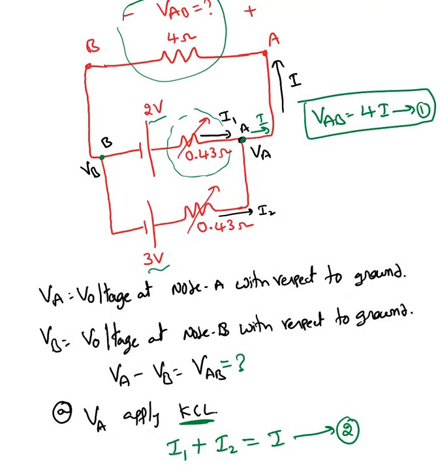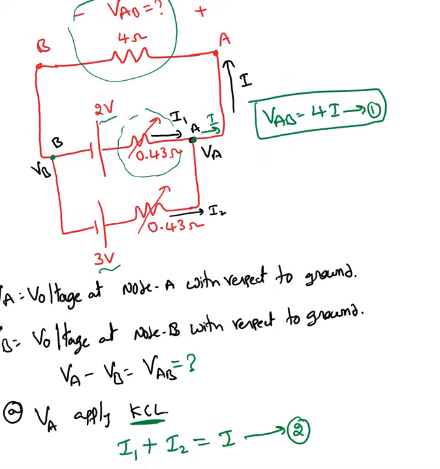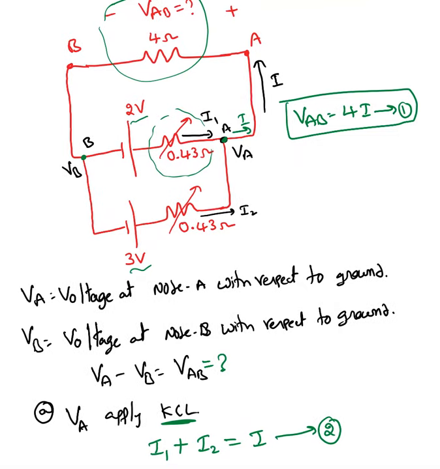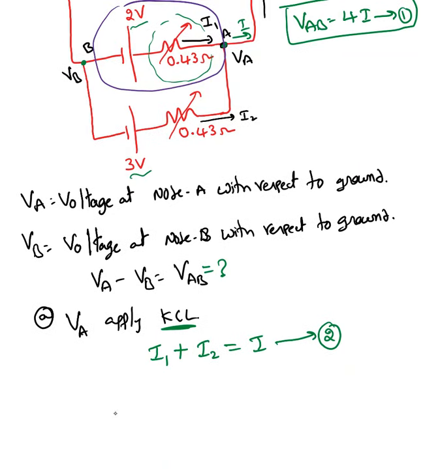Now if you look at this branch right here, I'm going to separate it. So I have a 2 volt source and 0.43 ohm, and I1 current is passing through this.